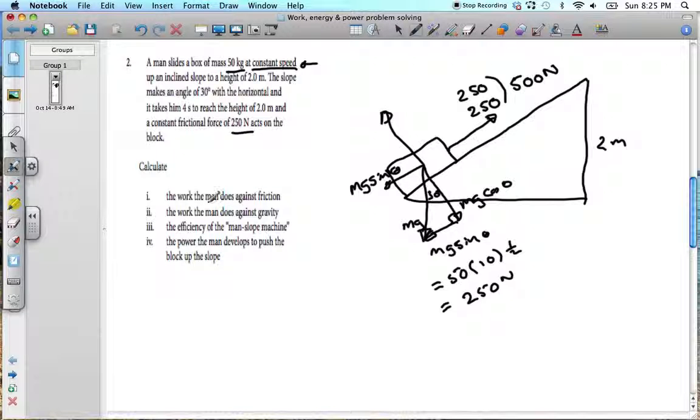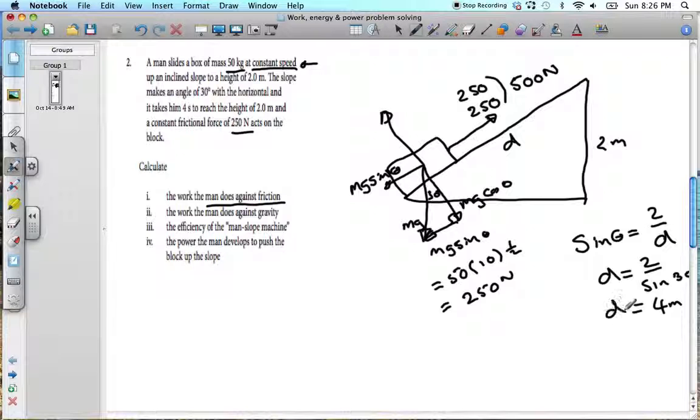So the work done against friction in this case, that's a 250. We see it reaches a height of 2 meters, so we actually want this distance here. We have to say that the sine of theta is equal to 2 over d. So d is equal to 2 divided by the sine of 30. That sine of 30 is a half, so it's 4 meters that this object is going to be moving.